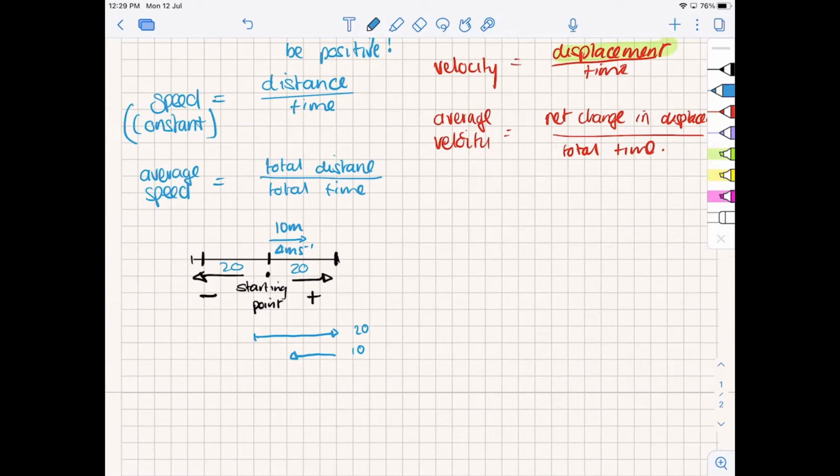Kiana, what's his displacement? His displacement is just 10. Correct, right? Because he is still 10 meters from his starting position. What would his velocity be at this point?